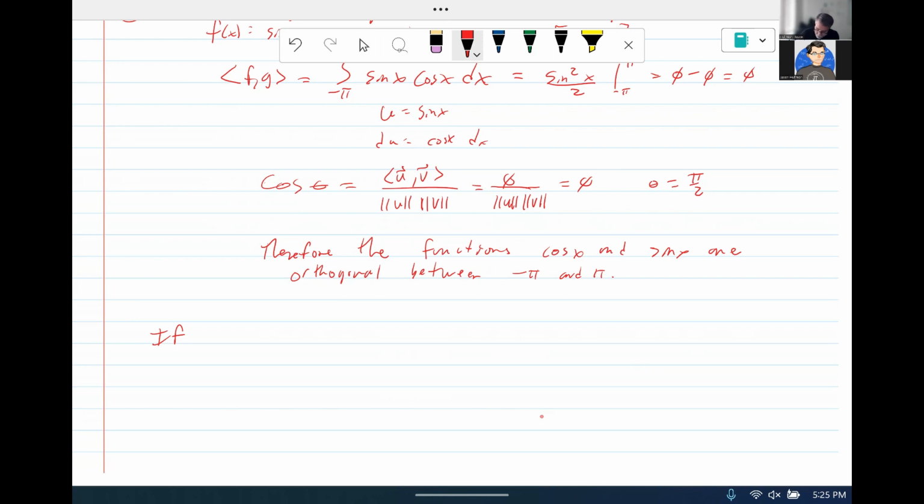If v is a vector in Cn, n-dimensional complex numbers, then we denote v bar as the complex conjugate of v. So the complex conjugate of v.